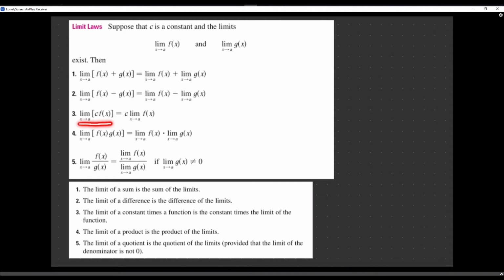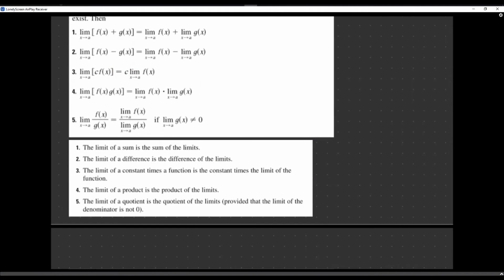Then the limit of a constant multiplied by the function f of x is just that constant multiplied by the limit of f of x itself. Also, the limit of the product is the product of the two limits. And lastly, the limit of the quotient is the quotient of the two limits, given that the limit in the denominator is non-zero, because we don't want to divide by 0.